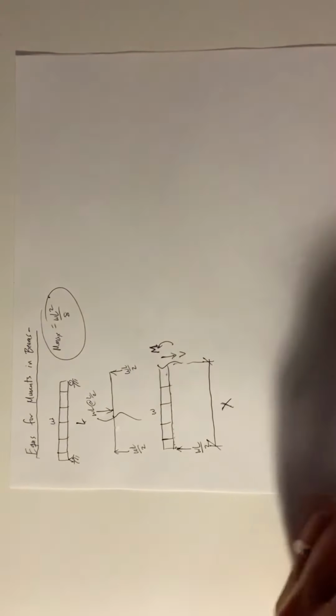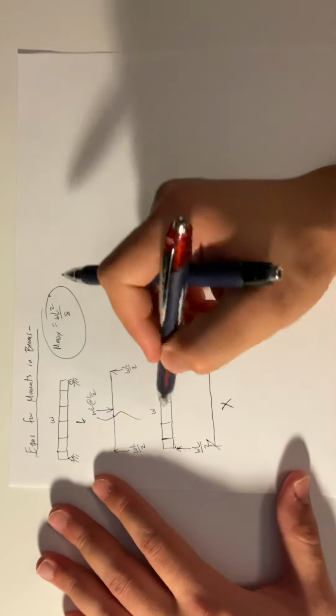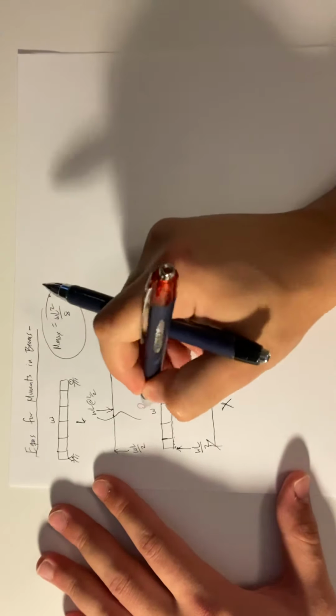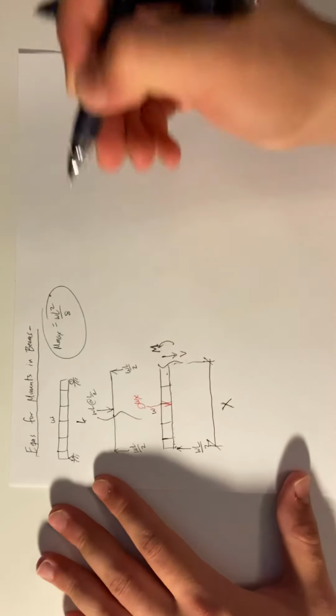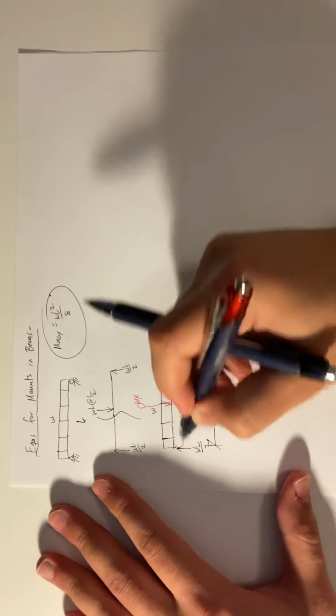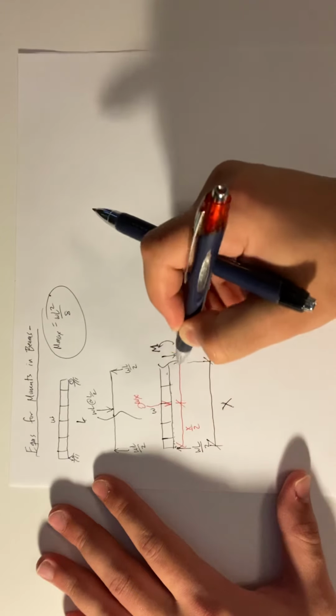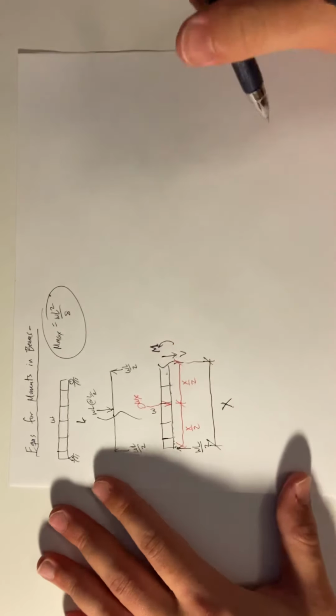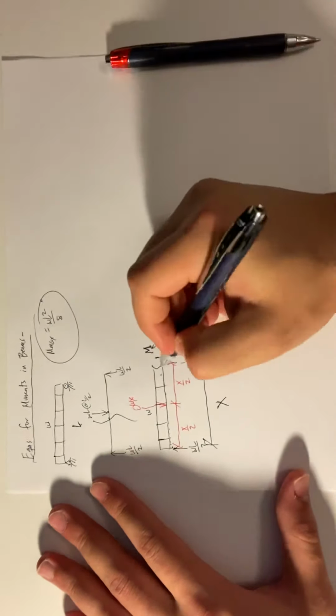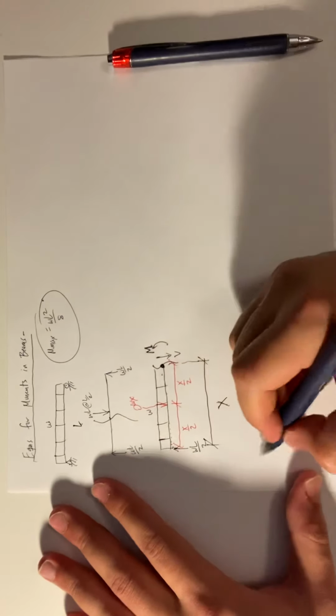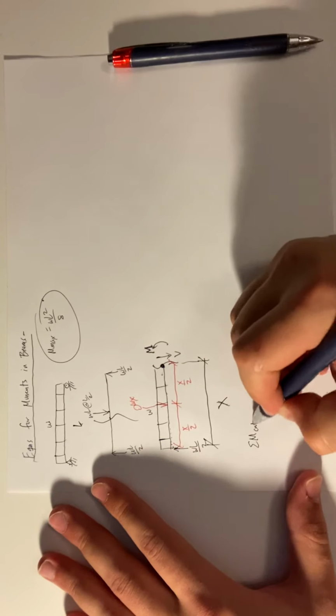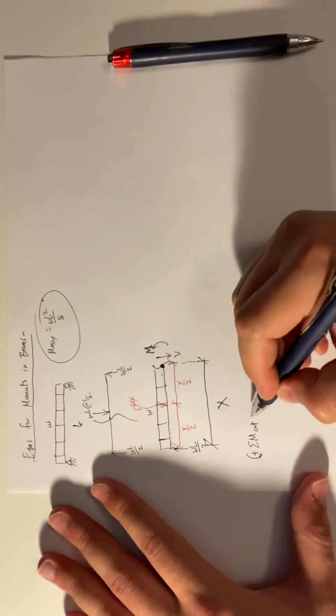Now, we're going to do the same thing we did here. W and length X gives you some resultant of WX. This is applied at X over 2, correct? Now we're going to try to find your moments about this cut. So summation of moments about the cut, counterclockwise is positive.